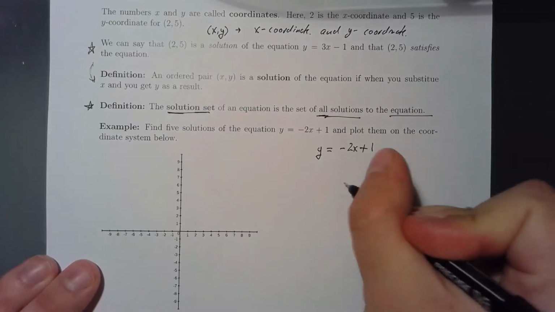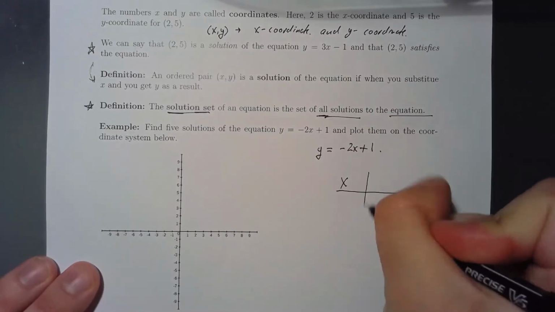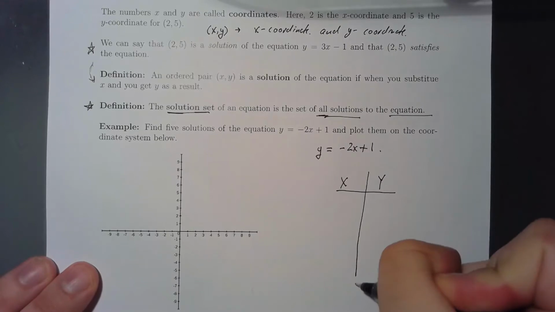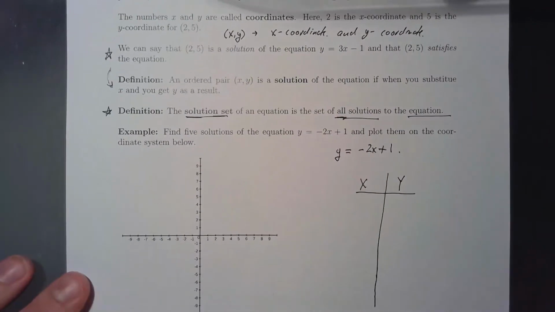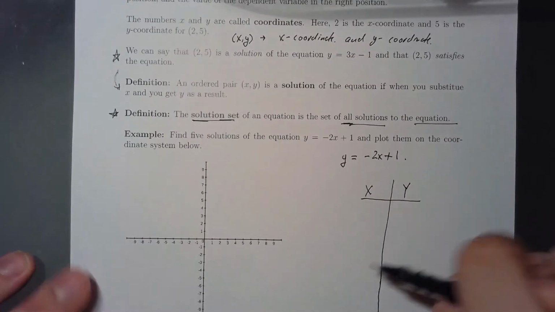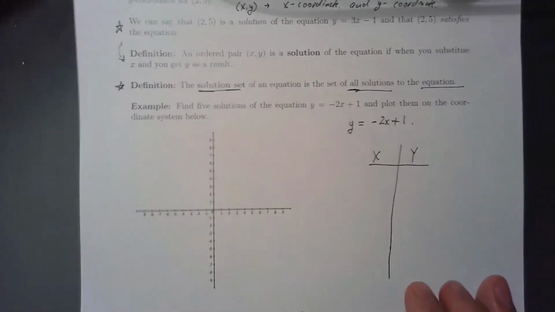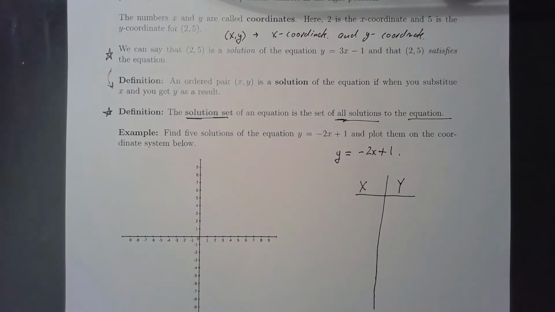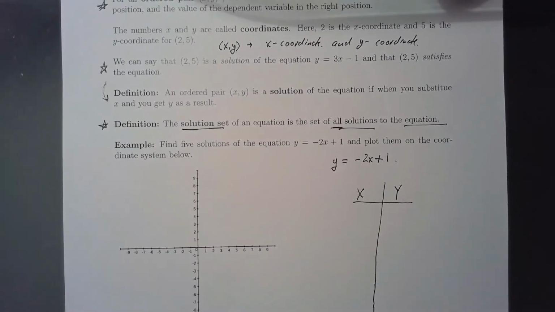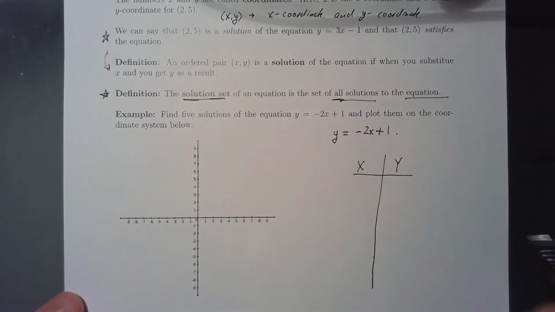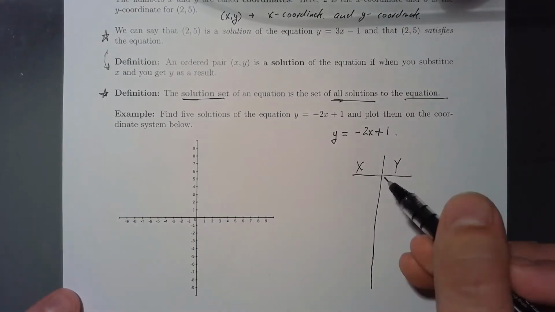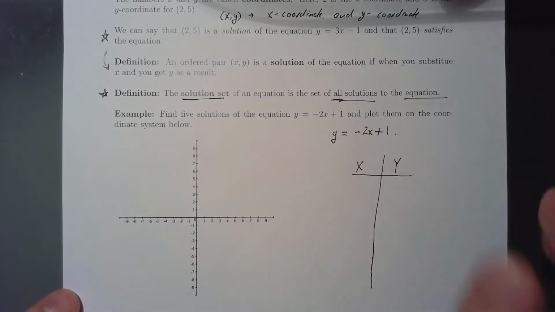In order to do this, I'm going to make a table just so we can keep track of all the values for x and then y, the dependent variable. So pick any x values you want. It doesn't matter. I'm going to pick some negative values and positive values just to fill in the gaps.